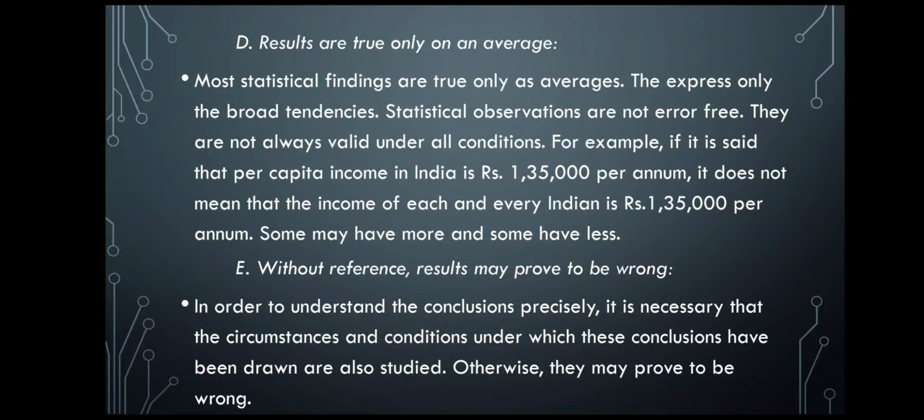So over here, this example says that if a particular country has a per capita income of 1,35,000 per annum, it does not mean that there are individuals who are earning exactly 1,35,000 only. Some may be earning less than that, some more than that. So statistics only gives the average of the entire population.